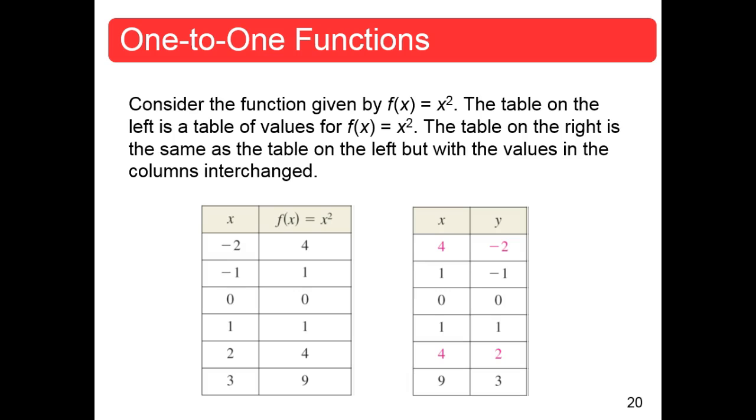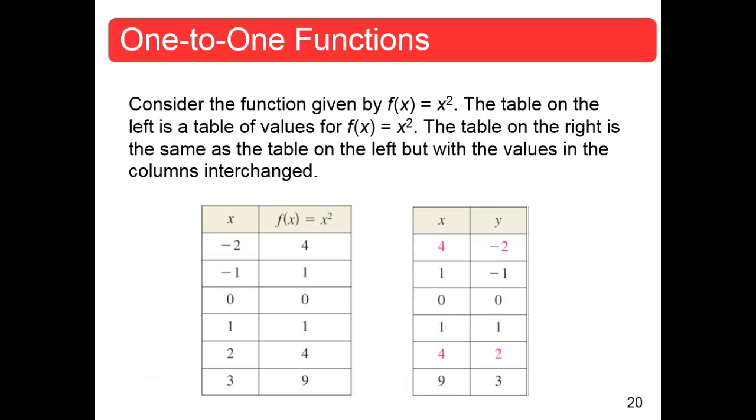What happens if you flip the values? Now you have a 4 with minus 2, a 1 with minus 1, a 0 with 0, 1 with 1, 4 with 2. Whoops. Now this isn't a function. So the inverse is not a function because for an x, you get two y's.